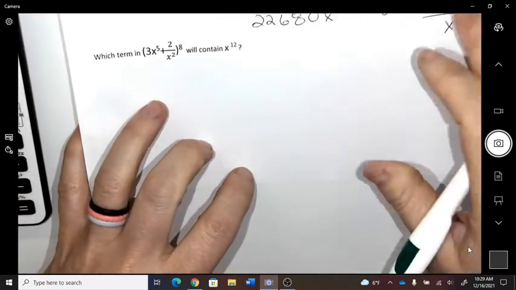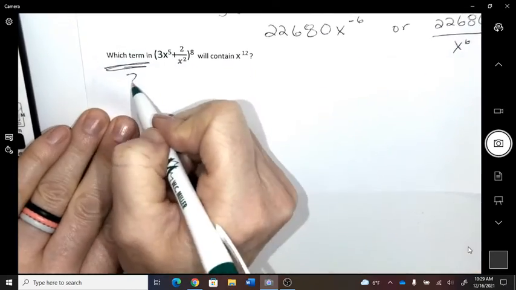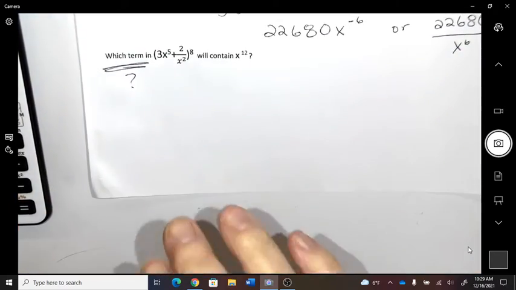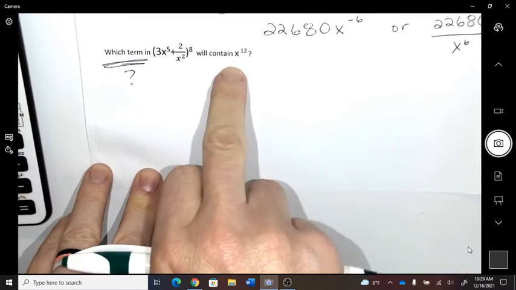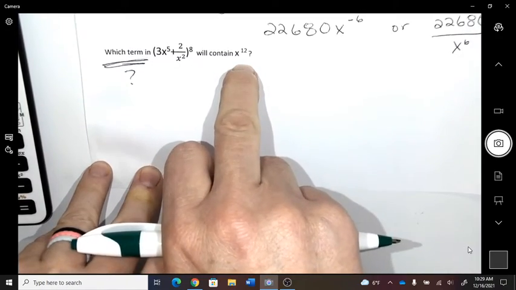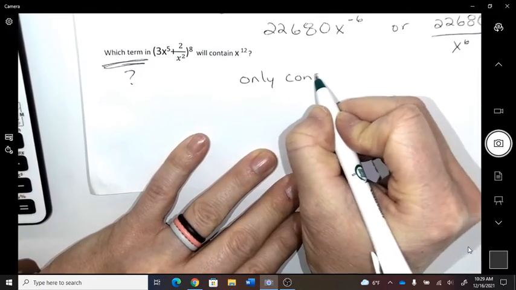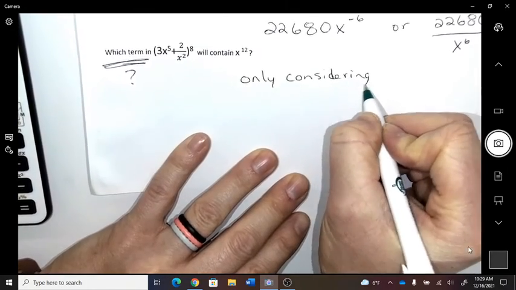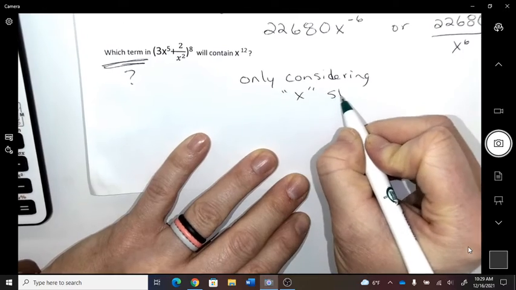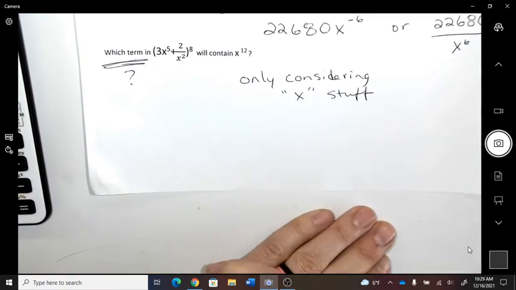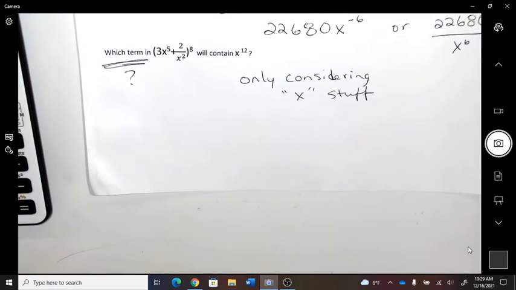So now, which term, I don't know the term, in this expansion contains an x to the 12th? Okay, so here we're only considering the x stuff. So I'm going to disregard all of the coefficient stuff, all the numbers. I'm only going to look at the x portions.